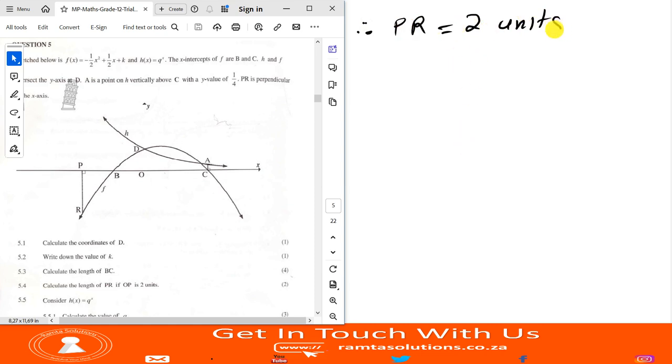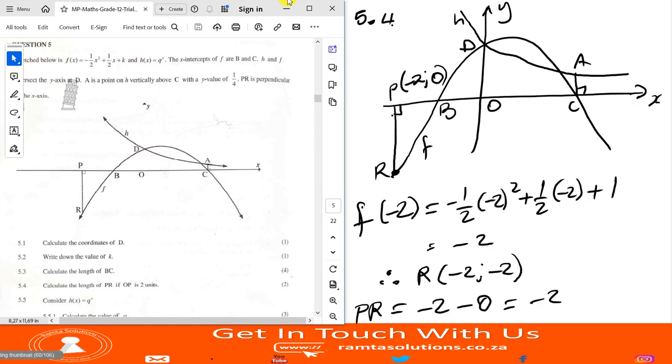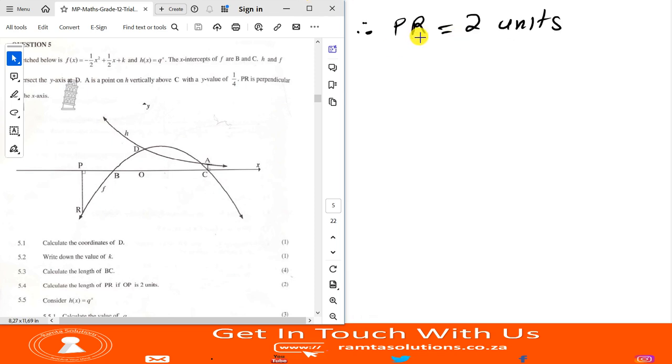Otherwise you can use your distance formula, nothing wrong, it'll give you the same thing. So our conclusion is that PR is 2 units.